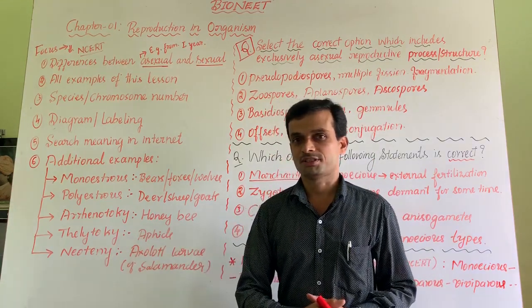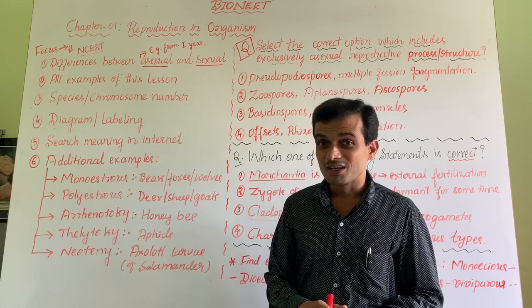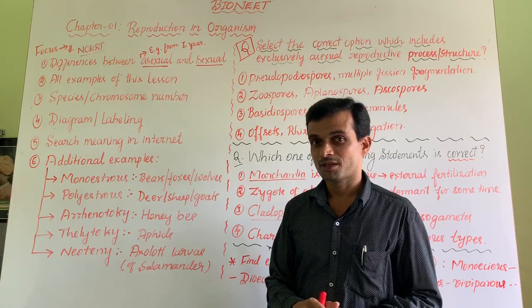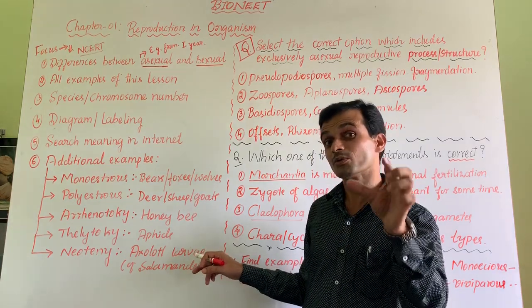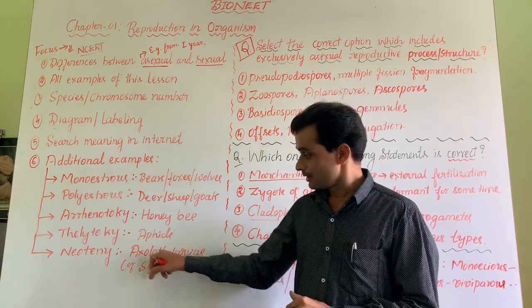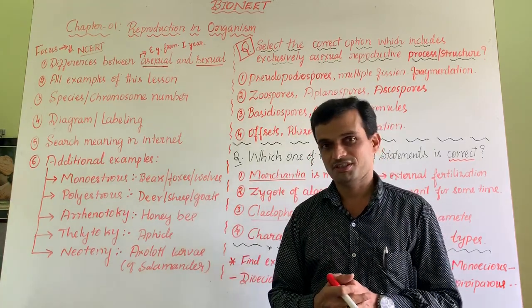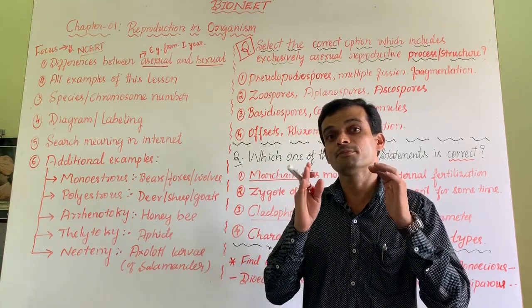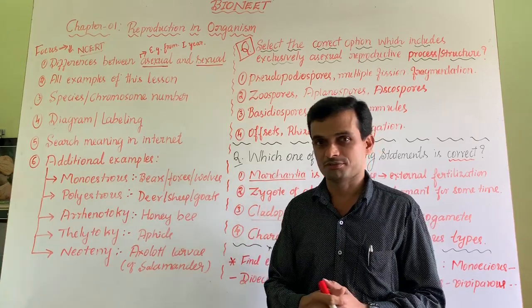Neoteny, another condition here. You got examples of bamboo species, you got examples of Strobilanthes kunthiana, but this axolotl larva is not included in your textbook. Here, sexual reproduction begins before metamorphosis. It means the tadpole will have gonads. The tadpole starts sexual reproduction.